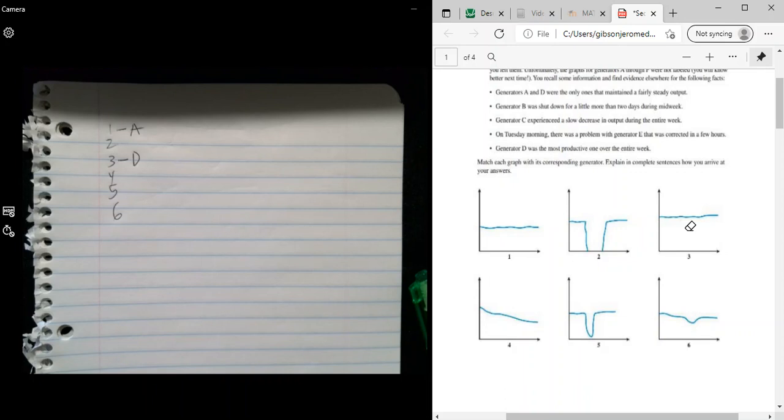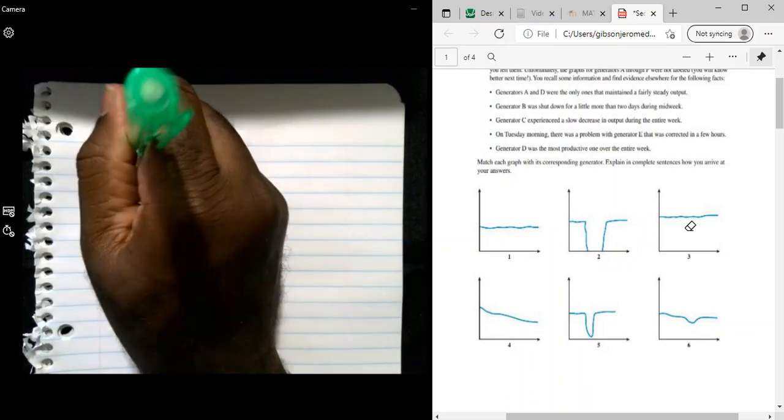Is there any one of these that has absolutely no output somewhere in the graph? Yeah, that would be 2. Yep, so 2 would have to be B because this has absolutely no output. It was shut down and it shows that about in the middle of the week. Okay, so far we got A, B, and D. Now we're just missing C, E, and F.